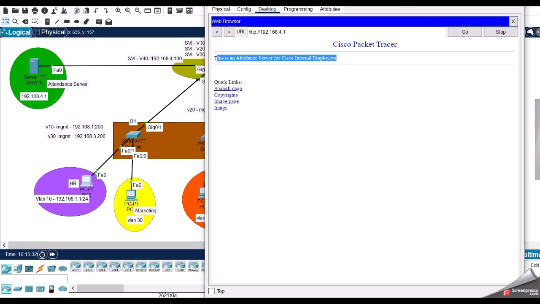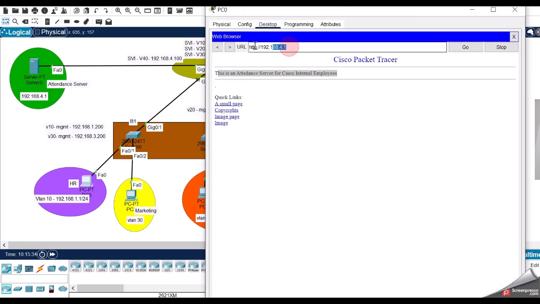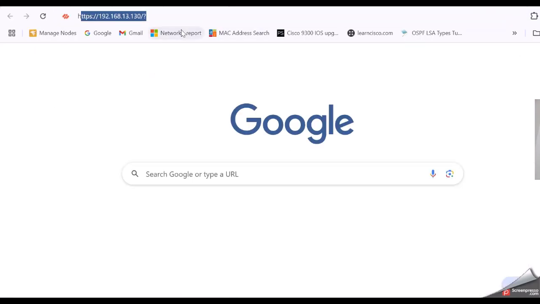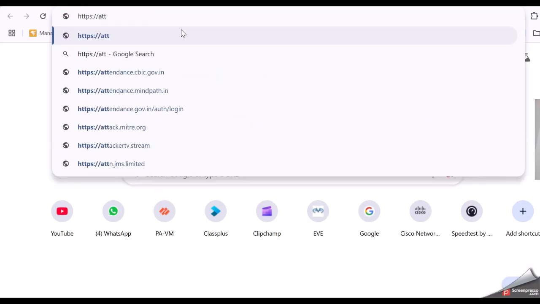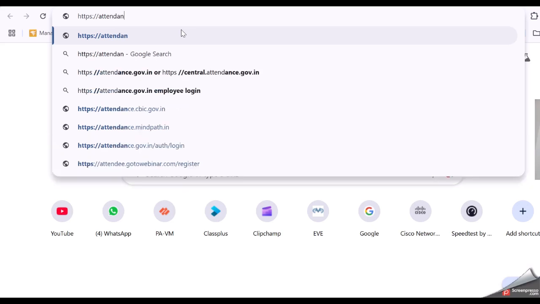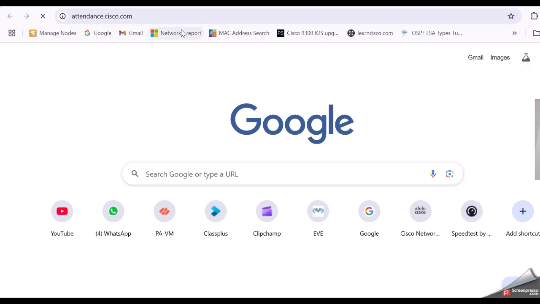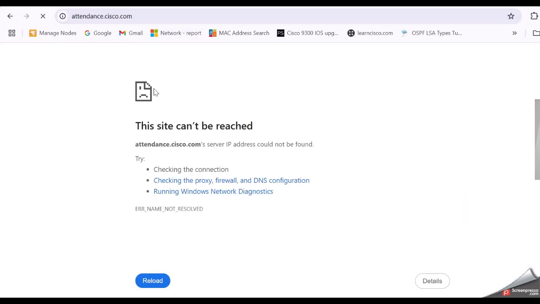Very good. But in real time we will not use this kind of naming. Normally we type an FQDN, such as attendance.cisco.com. Let's assume this is my computer; if I am a Cisco employee, I will type attendance.cisco.com from my Cisco computer so that I can access that server.